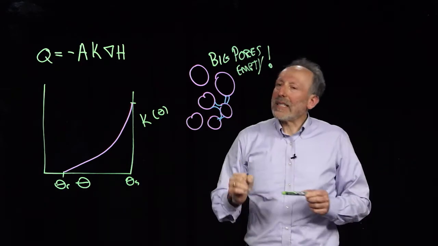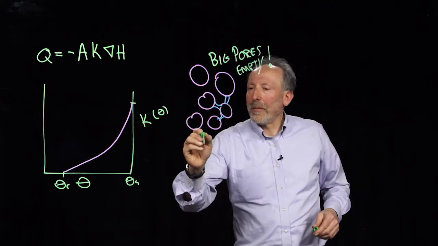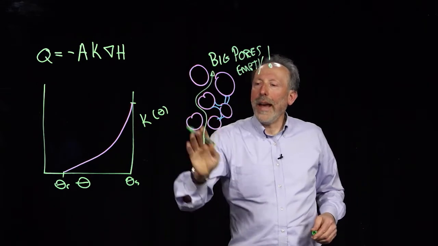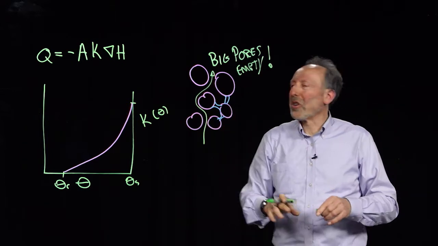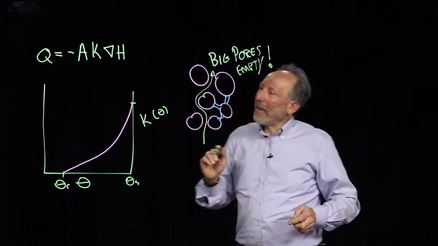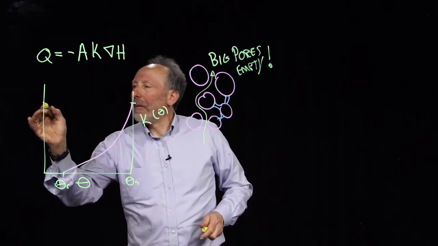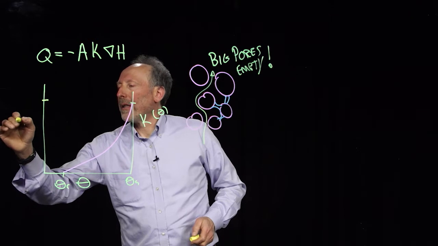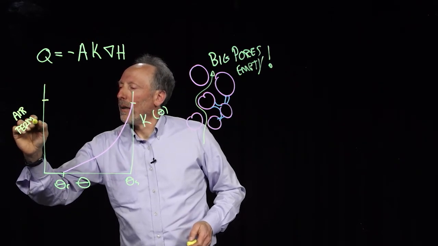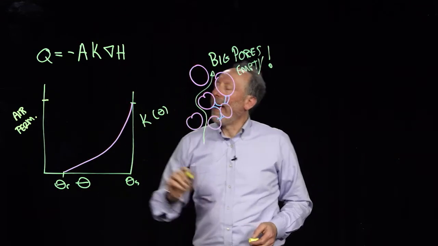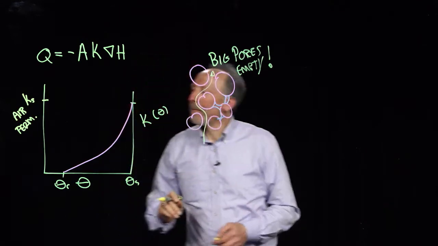So what that means is that if we want to put air through this system, the air can go freely through the biggest pores, and the water is tucked away in these little pores. Who cares? So if we then, on the other axis, draw the air permeability, we'll call this the saturated air permeability.